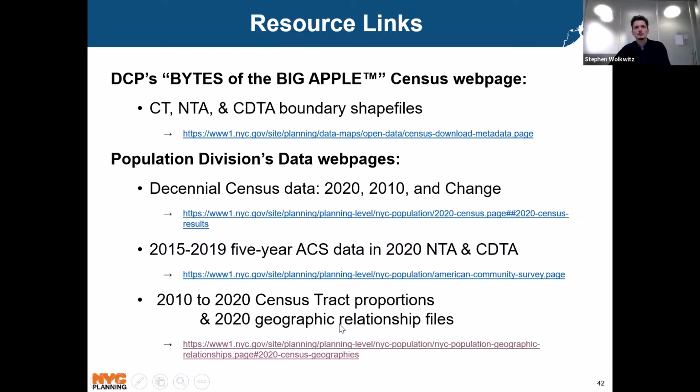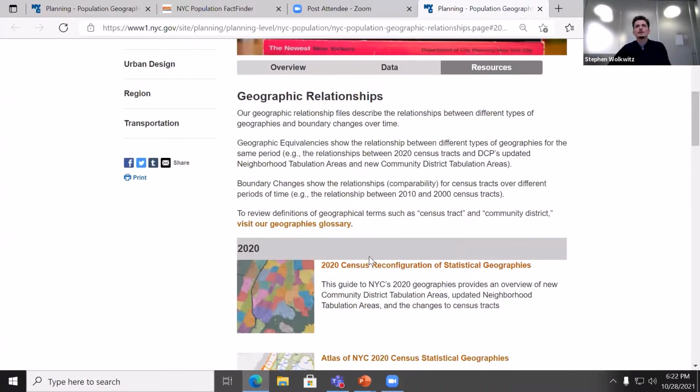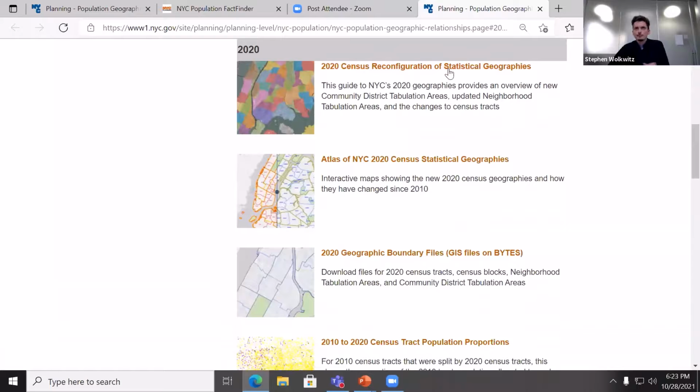And I just want to go to this last link here, which is our geographic relationship page, where we've got a couple of useful links, including a story map that talks through a lot of what I presented here today for your reference. We also have a great atlas that I like to look at that illustrates the change from 2010 to 2020 geographies.